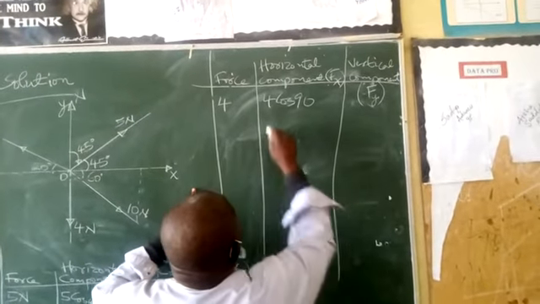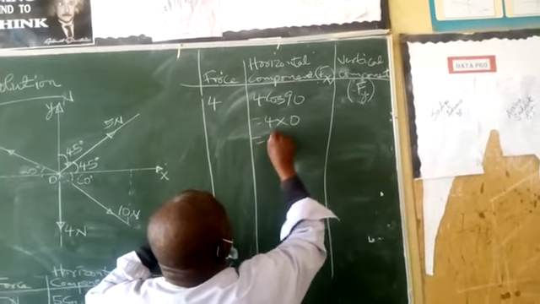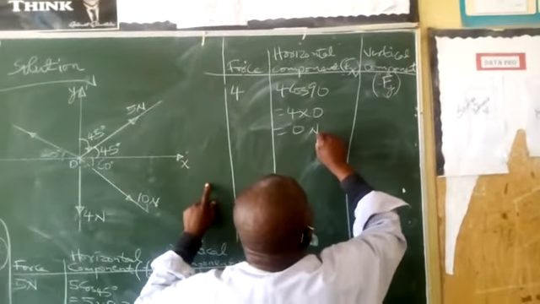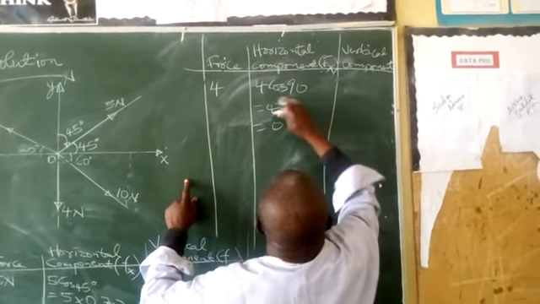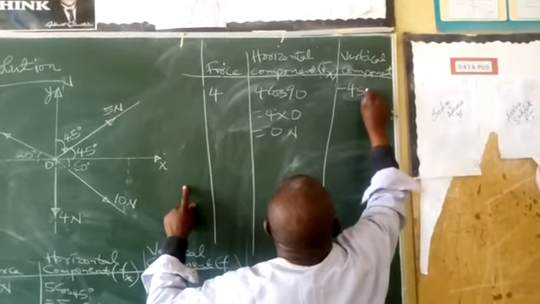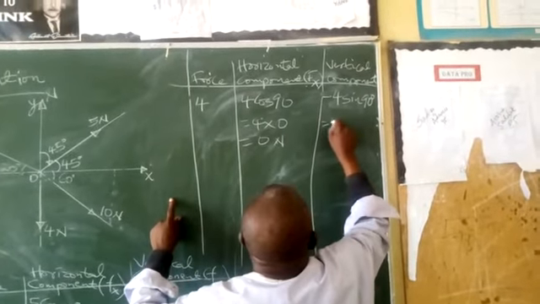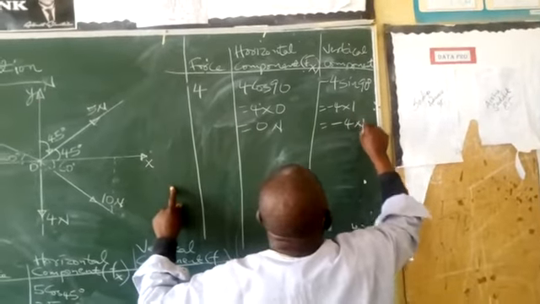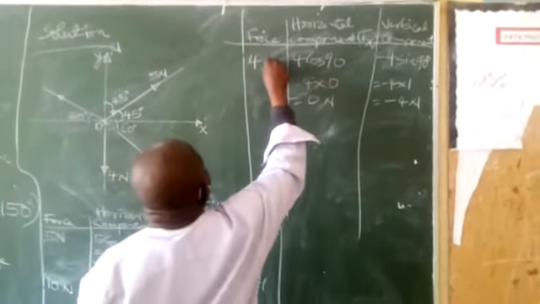Cos 90 is 0 Newton. Then the vertical component will be minus 4 sin 90 degrees, which is minus 4 times 1, and that is minus 4 Newton. So this is the 4 Newton force.